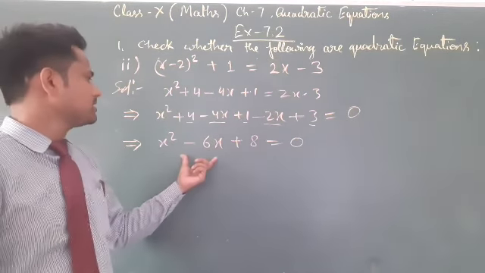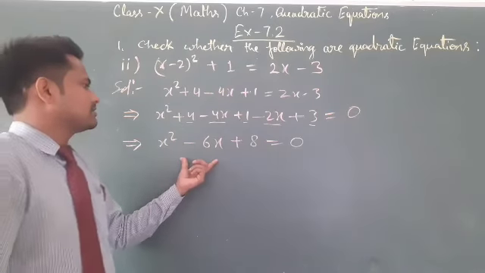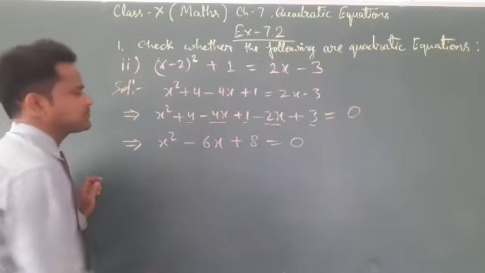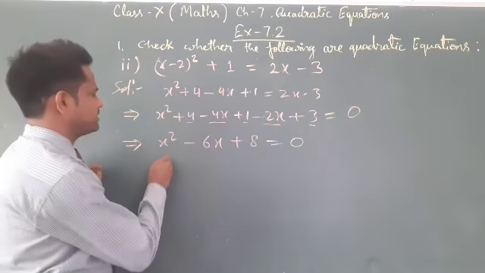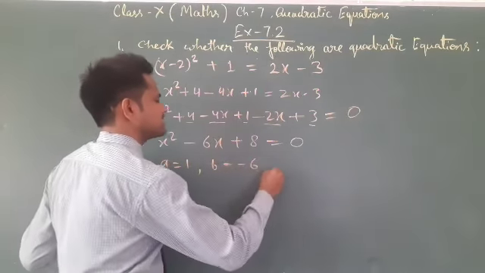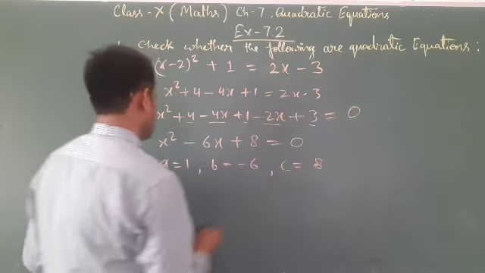Clearly this equation is in the form of ax² + bx + c, where a = 1, b = -6 and c = 8.